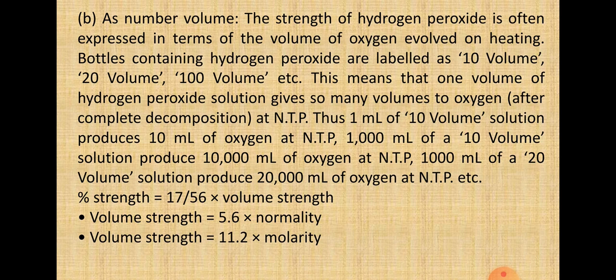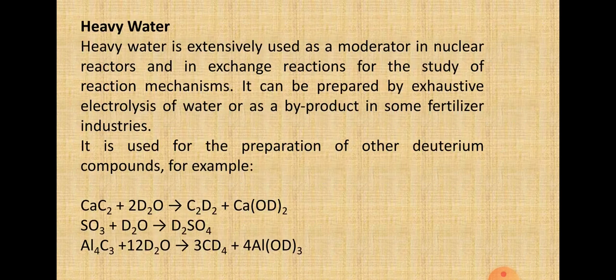At NTP, thus 1 ml of 10 volume solution produces 10 ml of oxygen. And at NTP, 1000 ml of a 10 volume solution produces 10,000 ml of oxygen. Volume strength is also given in terms of normality.